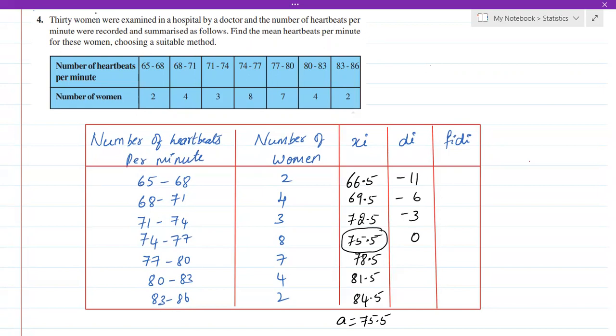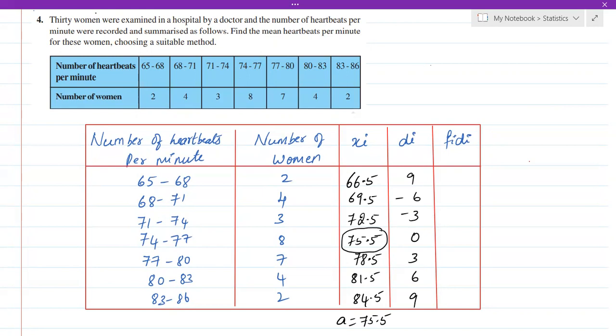Then 78.5 minus 75.5, that is 3. Then 81.5 minus 75.5, that will give us 6. 84.5 minus 75.5 will give us 9.